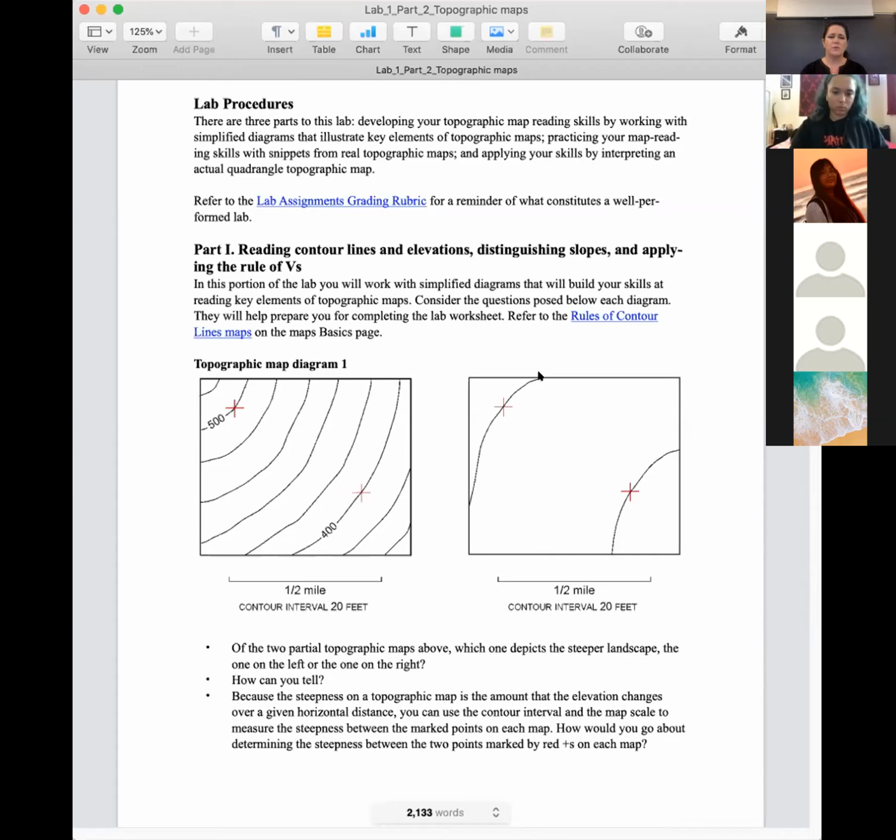So this has 2, and it's the same 20-foot contour interval. So 2 20-foot contours that are the same distance apart. So looking at that, it's asking you to evaluate which one is steep topography and which one is more shallow, more gradual topography. Do you want to take a stab at that? Do you want to think about that a little bit longer?